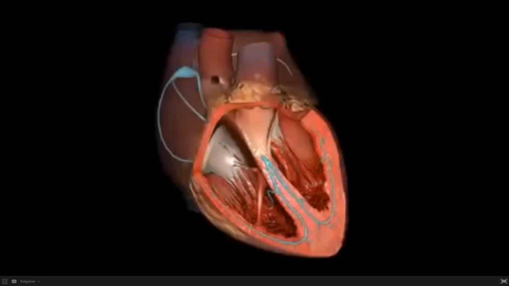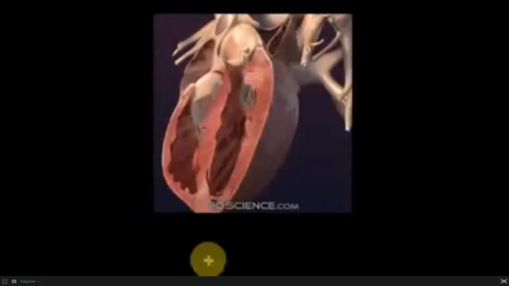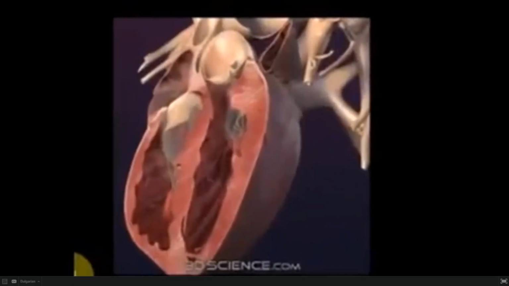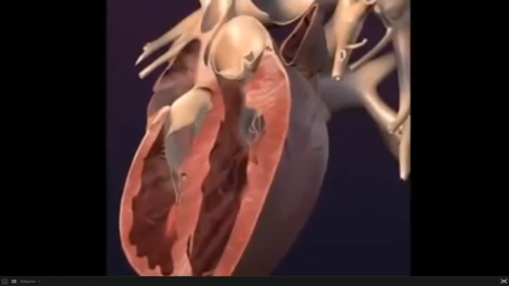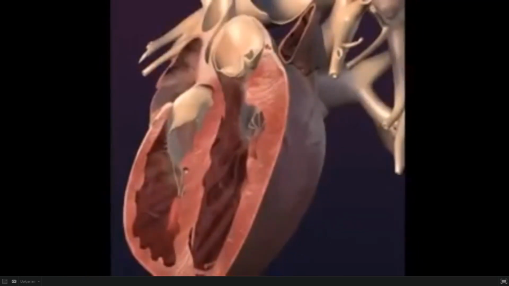In other pictures it is more visible for you. Then we go to picture 7. Okay, picture 7 is again the cross view of the heart, but in that way two valves are visible, between the right atrium and right chamber and the left atrium and left chamber.